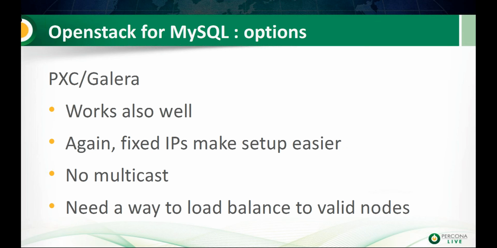And you need a way to load balance to a valid node. The best solution, again, I think is HAProxy. HAProxy will have all the cluster members in its configuration and will query the nodes.